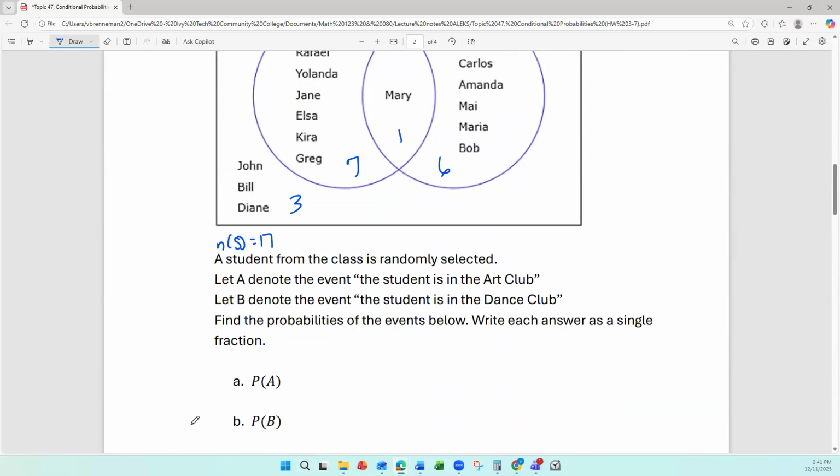So P of A, the probability that a randomly chosen student is in the art club, is going to be N of A over N of S. N of A is 7 plus 1, which is 8 out of the 17.